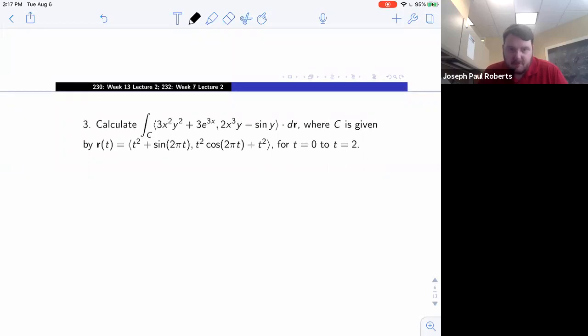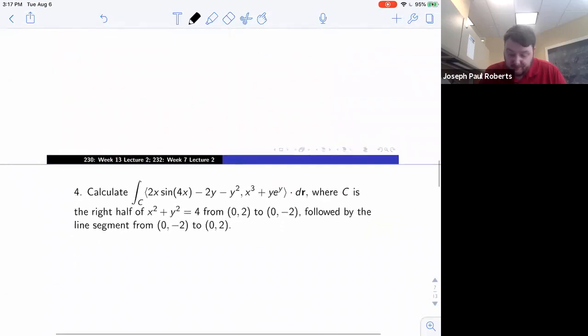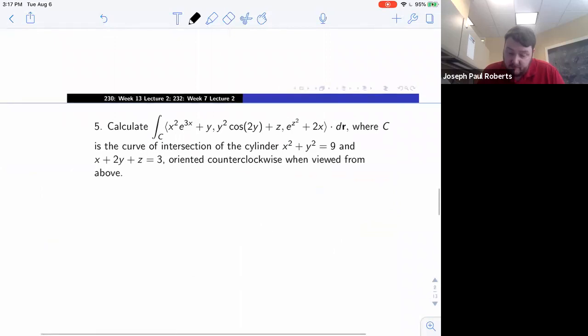This one is also a line integral of a vector field, so F dot dr. This one is also a line integral of a vector field. This one is also a line integral of a vector field. So I've sort of organized them into the main groups. I didn't necessarily put them in order within the various possible shortcuts.